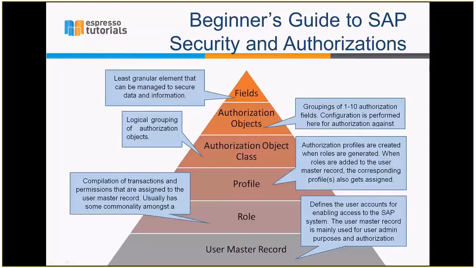For example, if it's a sales clerk role instead of a maintaining sales order role, and sales clerks have hundreds of transactions that they need access to and thousands of permissions, then there could be more than one profile associated with that role, because profiles can only hold a certain amount of permissions. So when a role is added to the user master record, the corresponding profile or profiles also get automatically assigned.